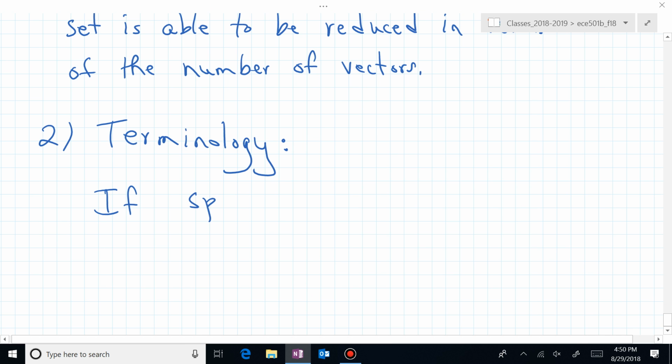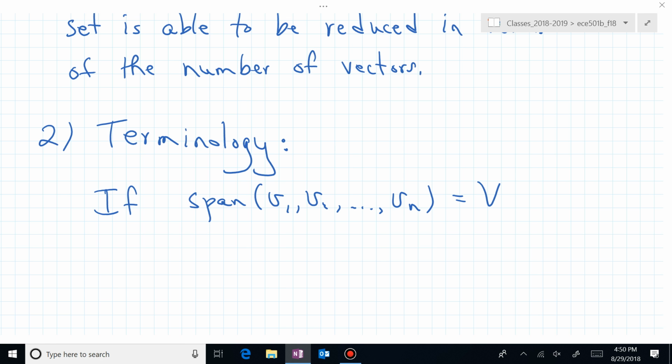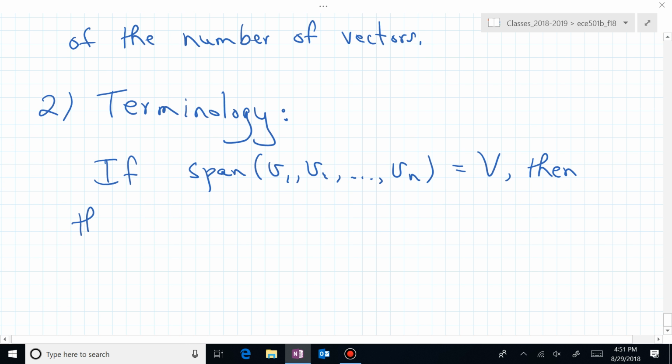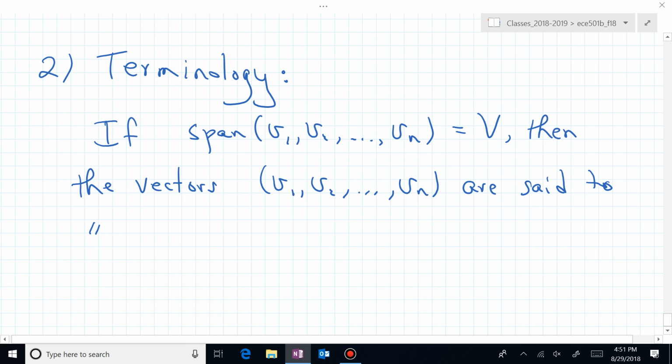If the span of, let's say, V1, V2 up to V sub n is in fact filling up or spanning the entire vector space V, then the vectors v1, v2, v sub n are said to, this is the terminology, span V. So if the span of v1, v2 up to v sub n equals V, then we just say they span V, that list of vectors.